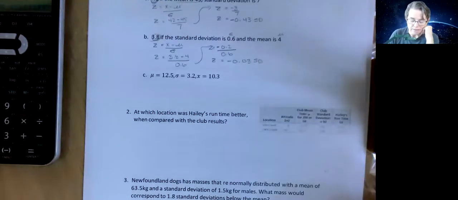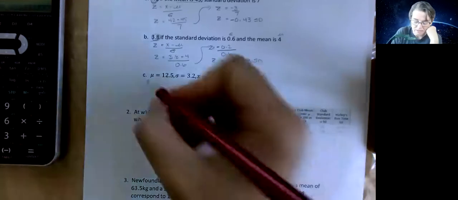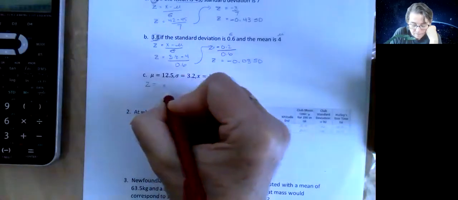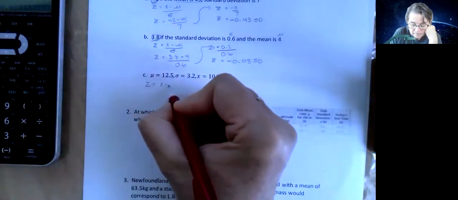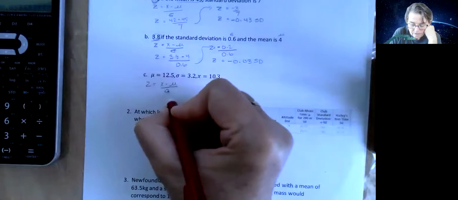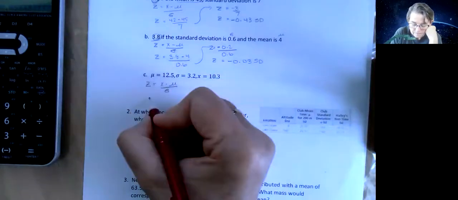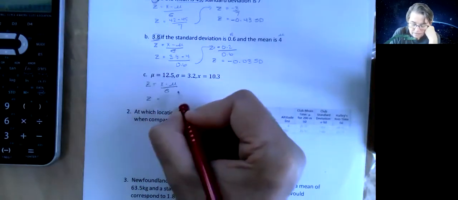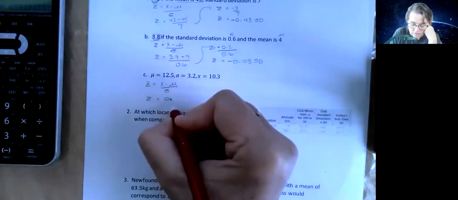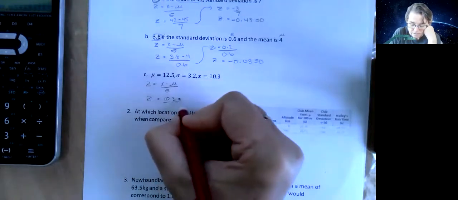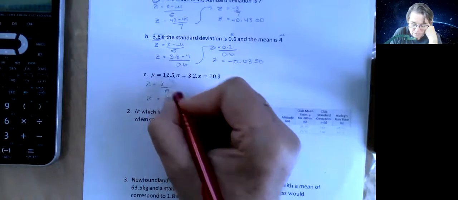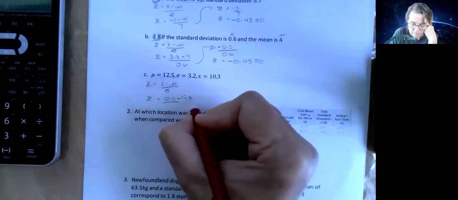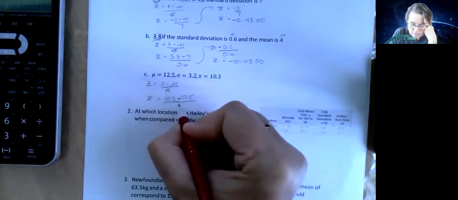Ooh, and then I gave you a question that looks all mathy, but I think it's way easier than the other ones because I'm telling you exactly what all the bits are. So, formula. X, let's see, X is 10.3, minus my mu, which is 12.5, over 3.2.